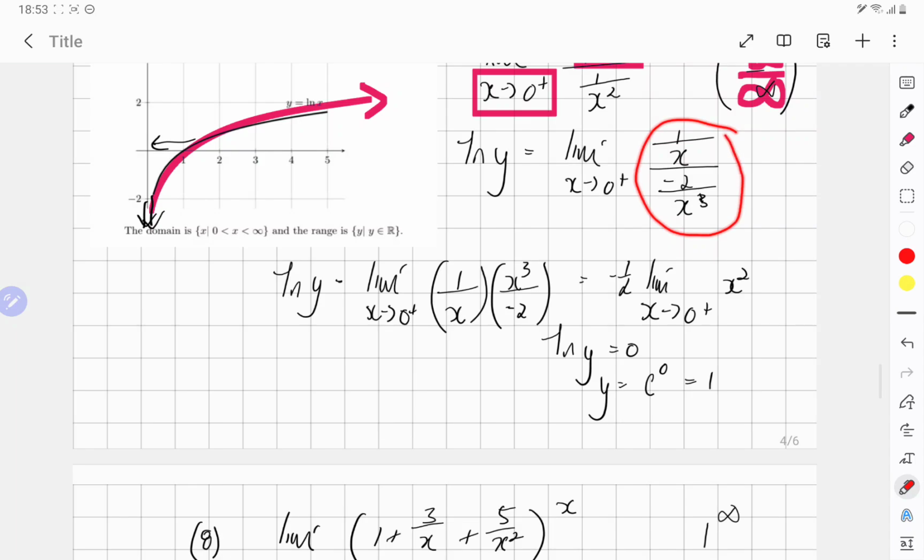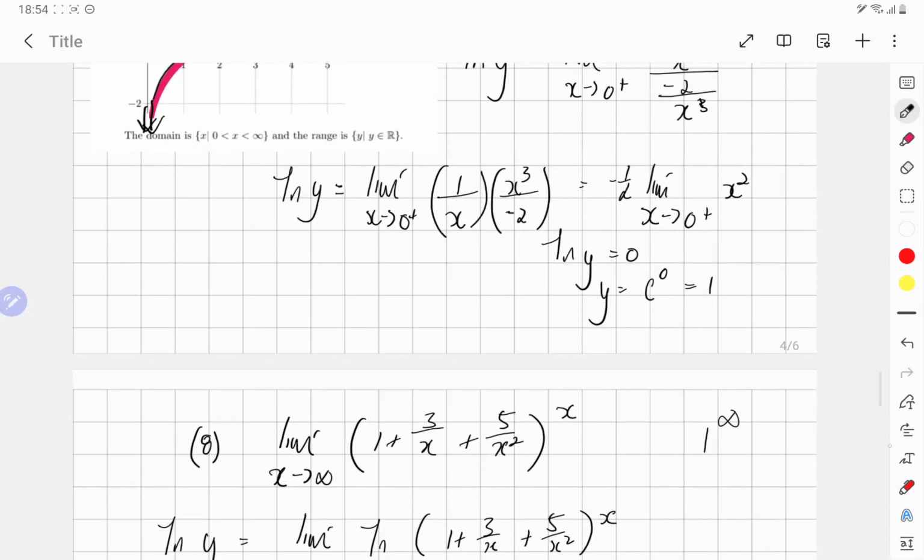Remember in maths, we never leave a fraction inside a fraction. What did I do? I tip and times here. And remember to take this ln y down with all your steps, otherwise you're going to make a mistake.